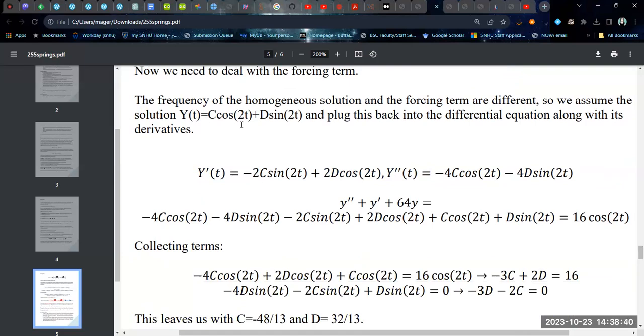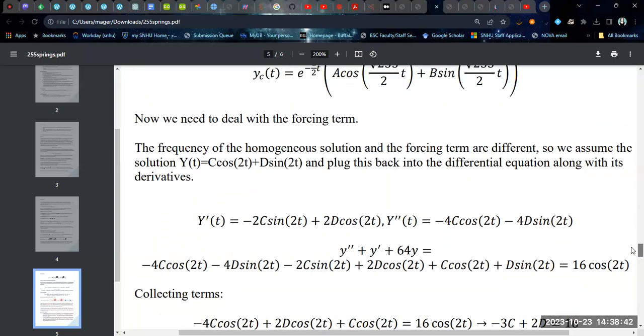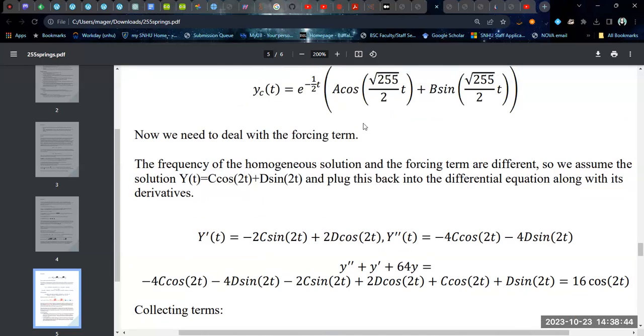So the frequency of the forcing term, 2t, is not the same as the one from our homogeneous solution. So our ansatz, our guess for this forcing term, is going to be some constant c times cosine 2t, and then some other constant d times sine of 2t. We need to take our two derivatives.